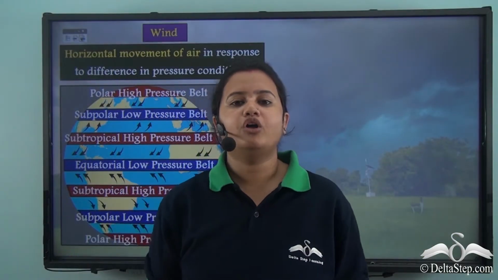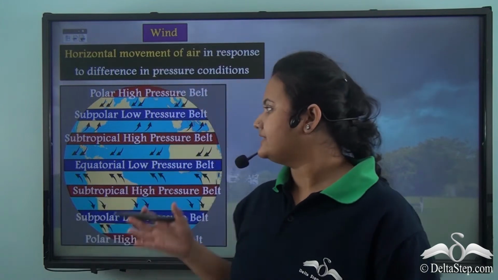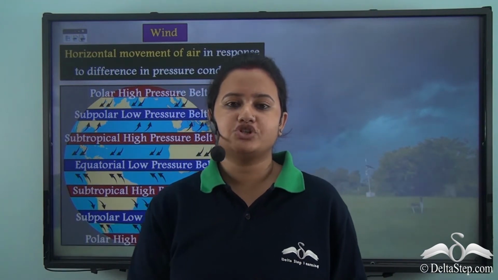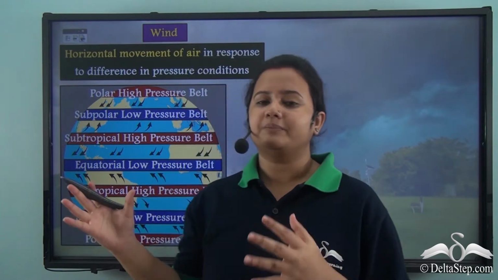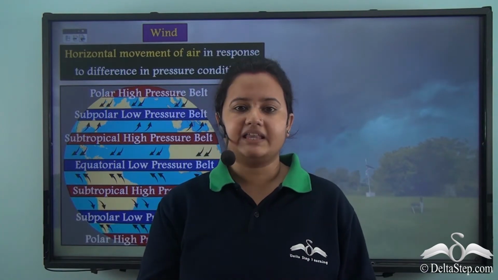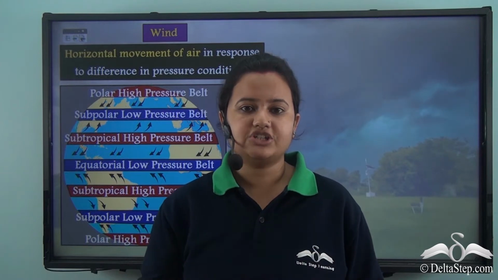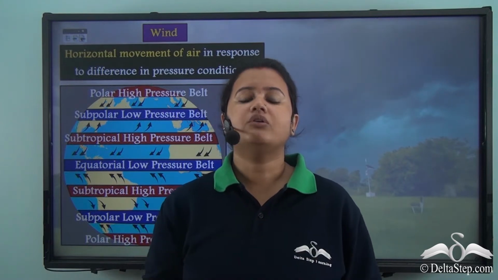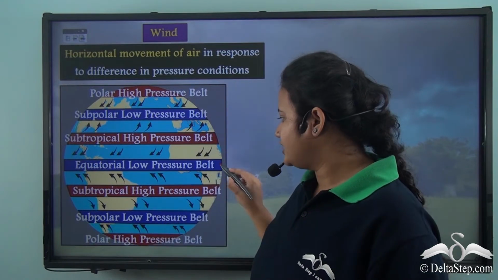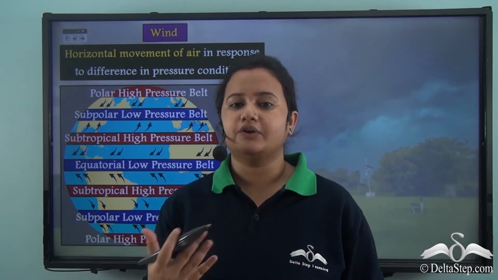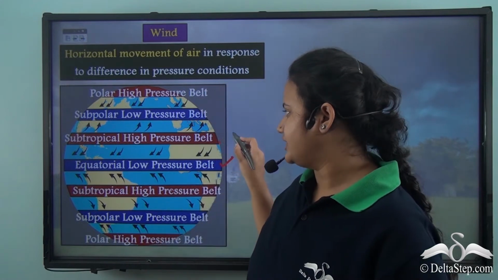I hope all of you can recall this picture. This picture shows the different pressure belts of the world. From this picture, we can understand that the air pressure conditions are not even throughout the globe. There are some places where low pressure exists, while there are other places where high pressure exists.